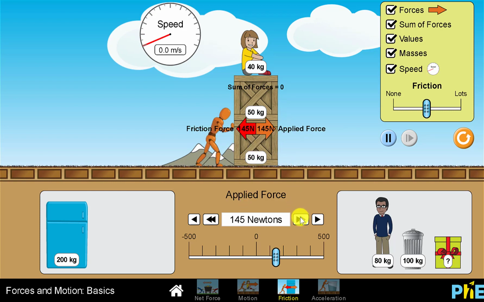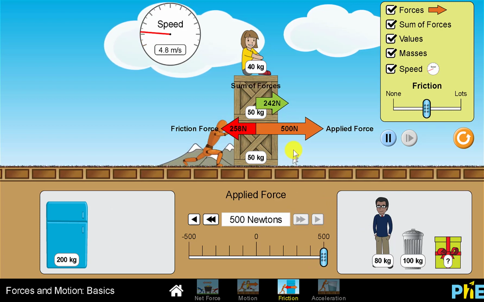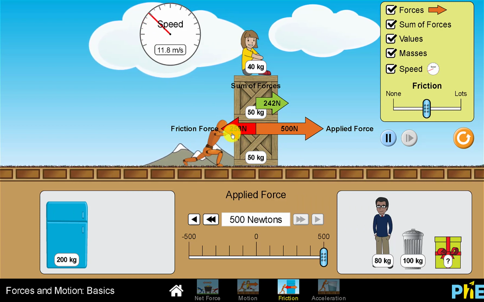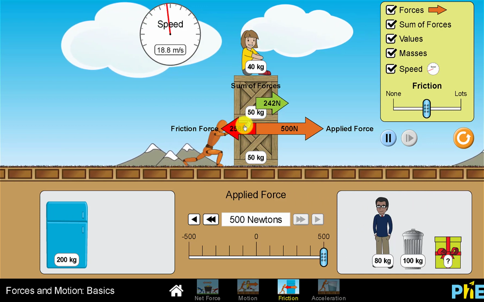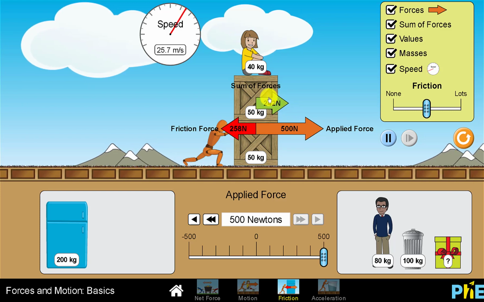Push with 145, 195, 245, 295. It's static, it balances. Then I can push harder and harder, and this frictional force, which is less than the 345, is a kinetic friction, and therefore I get a net force, and if there's a net force, then there's an acceleration.